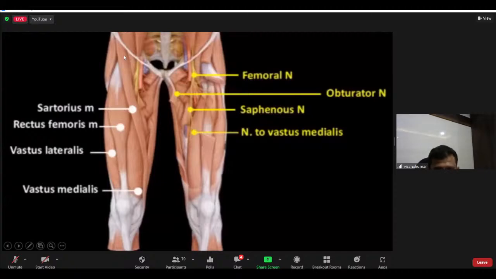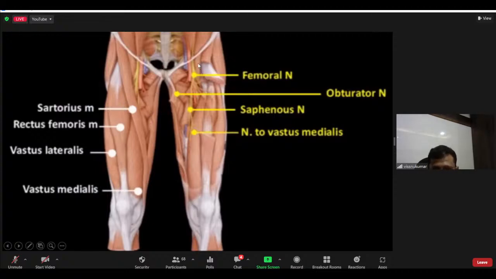And over the medial end, we have 3 muscles, adductor longus, brevis, and magnus.